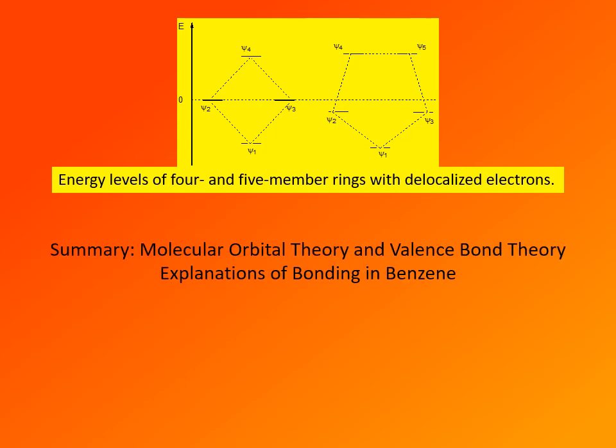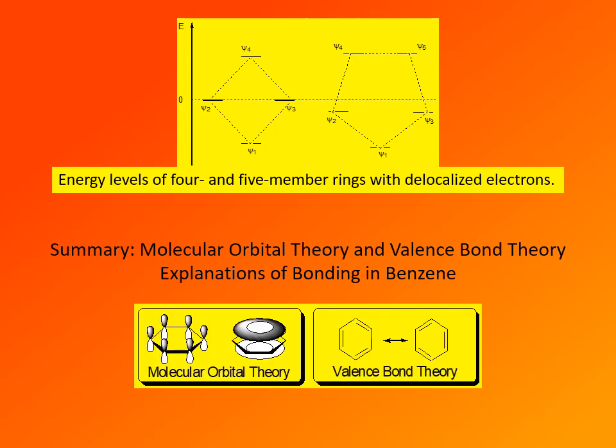Finally, to summarize, we are going to very briefly look at the molecular orbital and valence bond description of bonding in benzene. Molecular orbital theory describes benzene as having orbitals originating from the original six atomic p orbitals that overlap to give rise to six molecular pi orbitals, and they are responsible for electron delocalization in benzene.